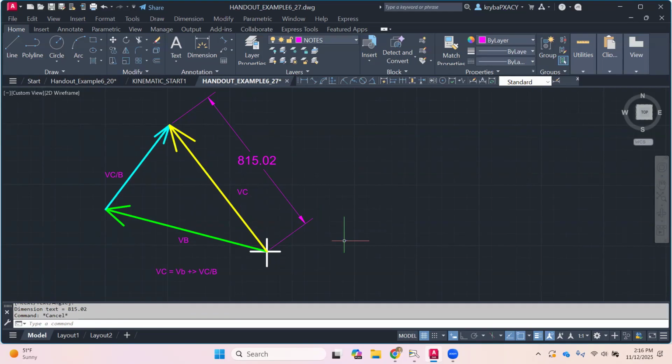Does that sound good? 815? Jacob is nodding. Rainer is nodding. Okay. 813, then I don't know. I'd want it to be a little closer than that. 814. 814.9. That's close. 815. Okay.